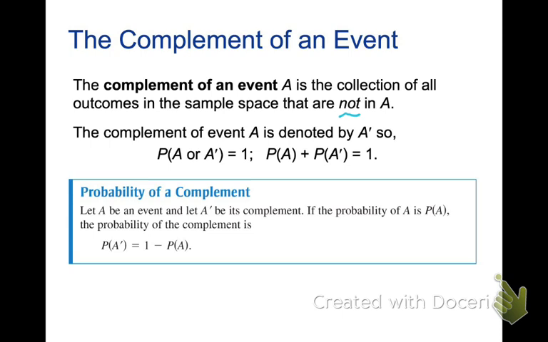The reason why we do that is because sometimes it's easier to calculate the ways that something is not going to happen than calculate the ways something is going to happen. If I have 100 people, how many ways can we make a group of 1 to 99?